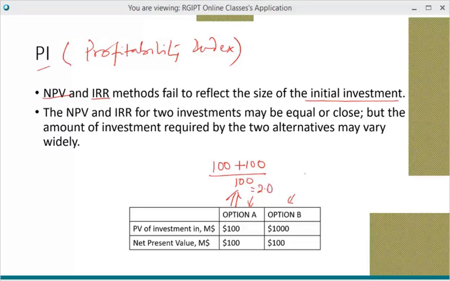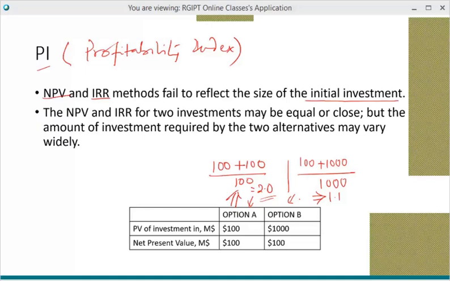And if you look at the second one, option D, the profitability index here is 100 plus 1,000 divided by 1,000, so that becomes 1.1. Basically, when you have a profitability index which is more than the other one, this is where you would want to invest.